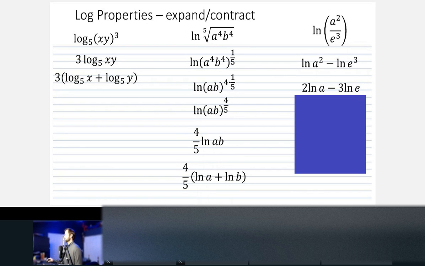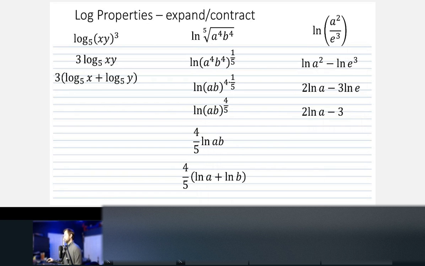And then, yep, natural log E is 1. And we're done. So natural log E is 1. We should all know that by today. And 1 times that -3 is still -3. So that is it. That's all we can do.